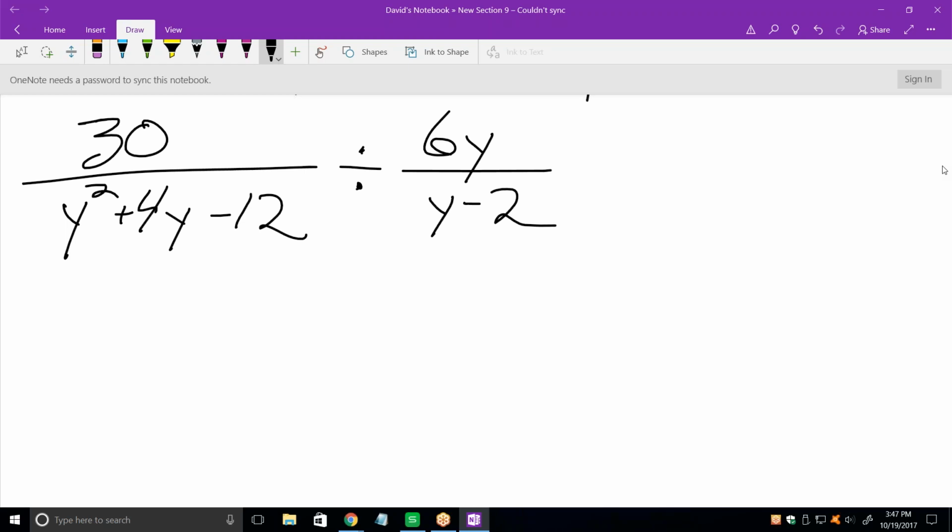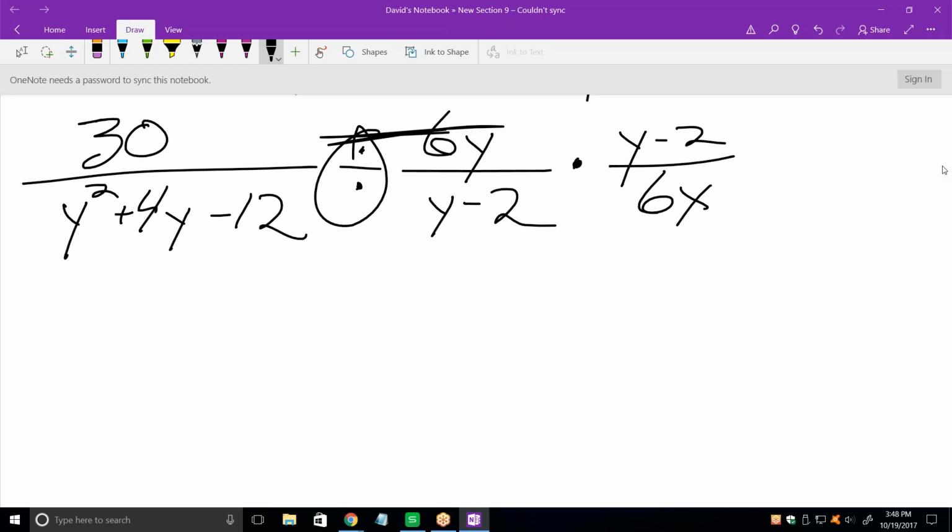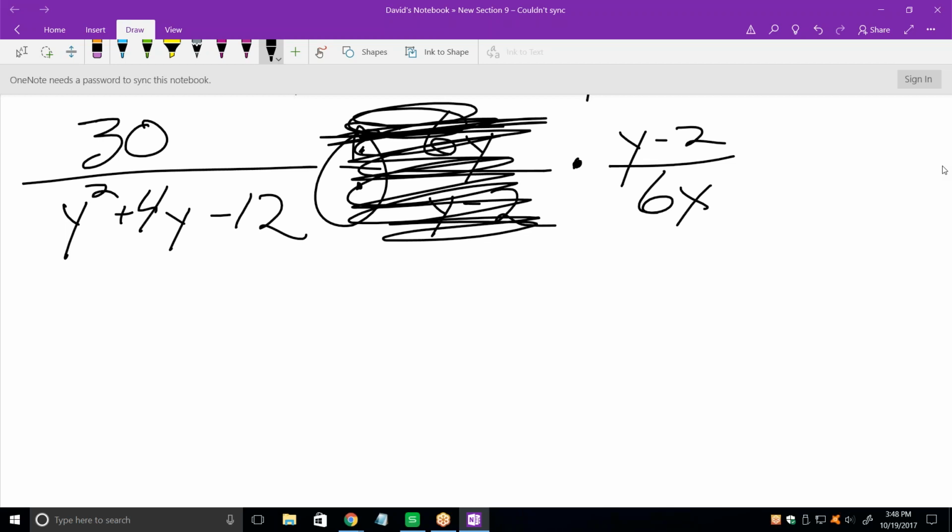Now, division, what's the easiest way to handle that? Turn into multiplication. Yes. So we're going to make it multiplied by the reciprocal, y minus 2 over 6y. Okay. So we lose this, and we get it back to a multiplication problem.